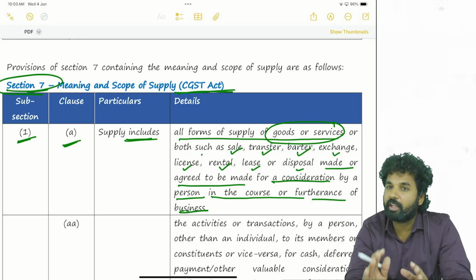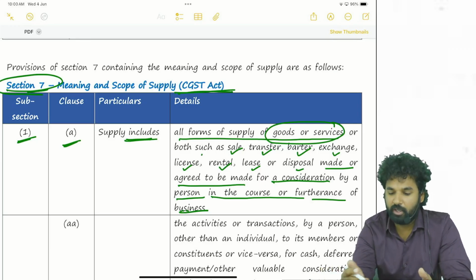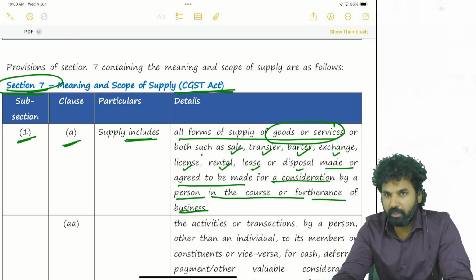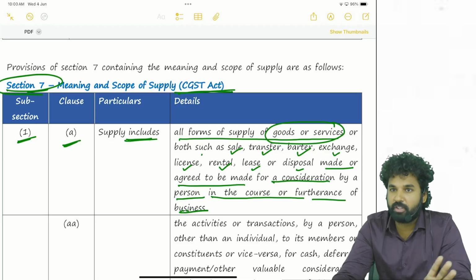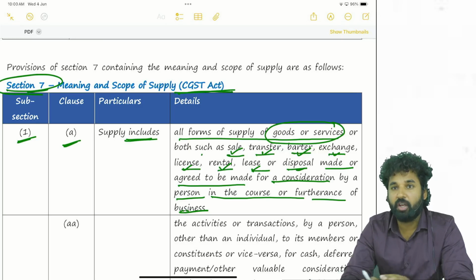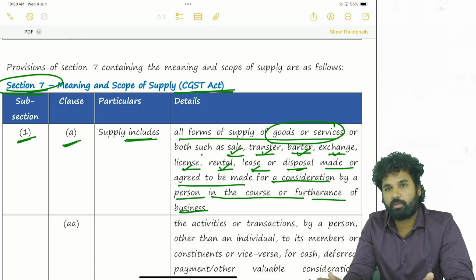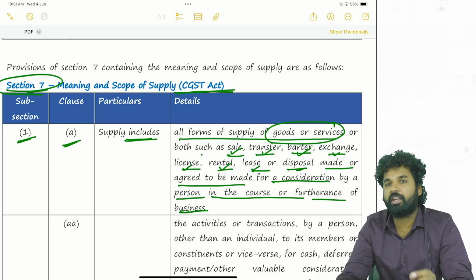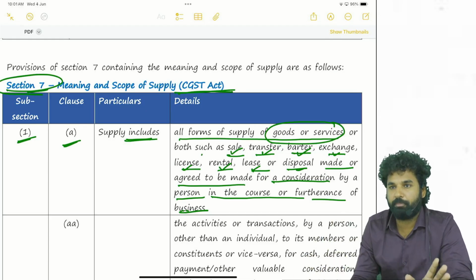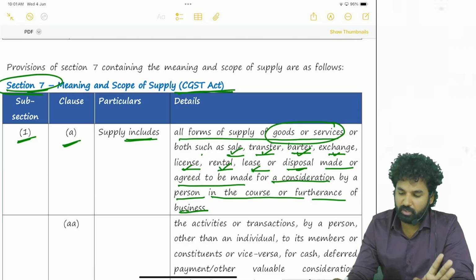There are many other forms just like sale which shall come under the definition of supply, thereby coming under the scope of GST. Right? Sale is there, transfer, barter, exchange, license, rental, lease or disposal. This is not the end of the list. In any other form, if a transaction is happening, that also may come under the definition of supply.